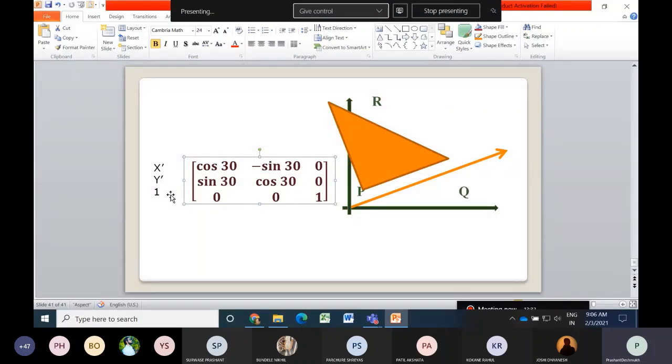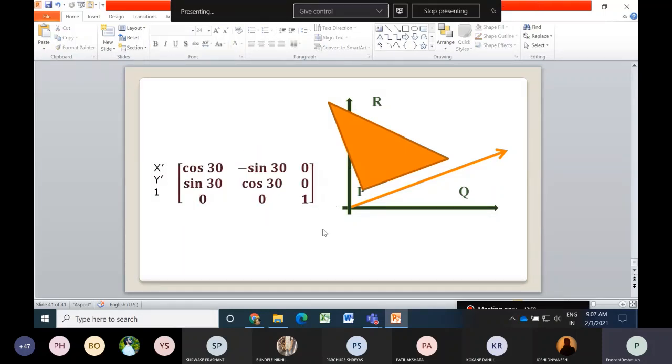This will be part of your first unit, and we will discuss it in detail later. Here we consider the z equal to one plane. At present, just consider this is the homogeneous format. So what will happen then?